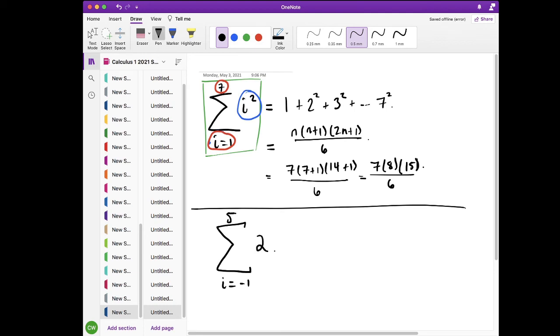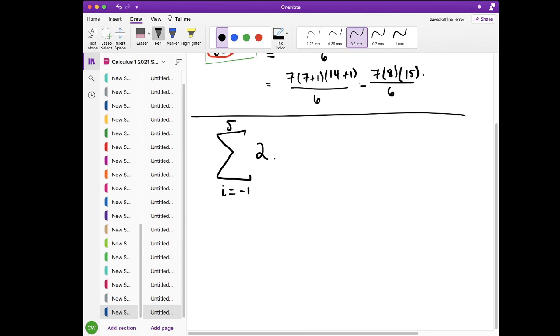What's the sum from I equals -1 to 5 of 2? What's that? So what's my function? What's f of I?